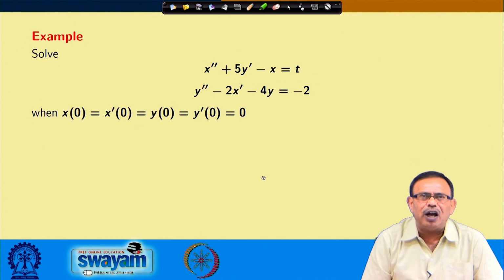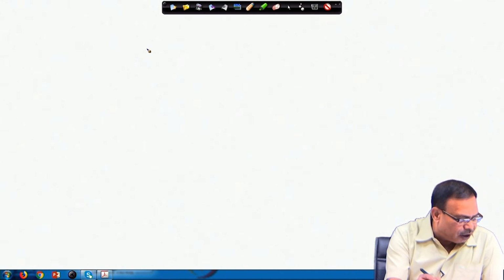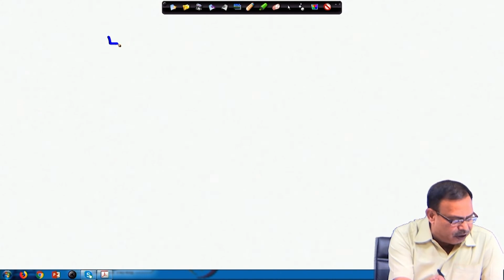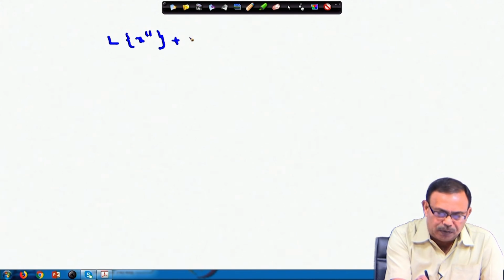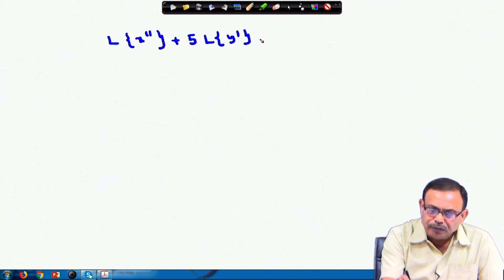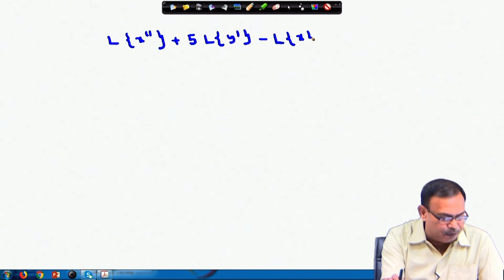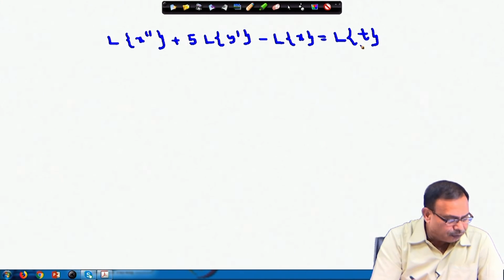And for this one, at first let us take the Laplace transform on both sides of the given equation. Once I take the Laplace transform on both sides, I will obtain the Laplace transform of x double dash plus 5 into Laplace transform of y dash minus Laplace transform of x, which equals the Laplace transform of t.